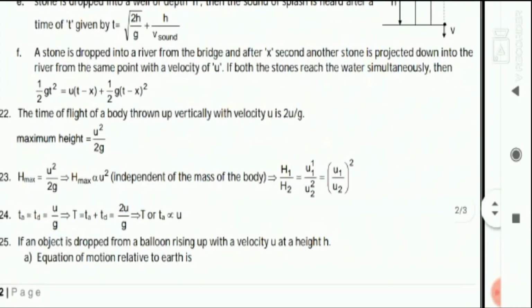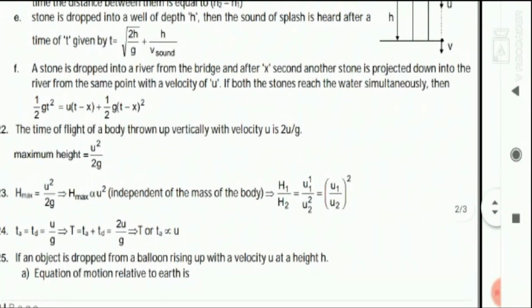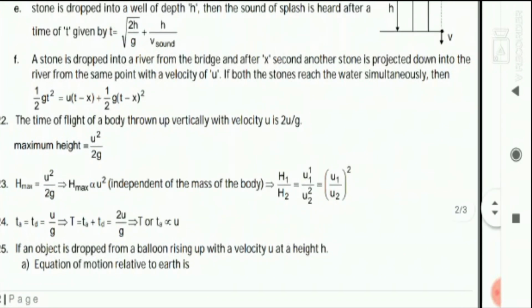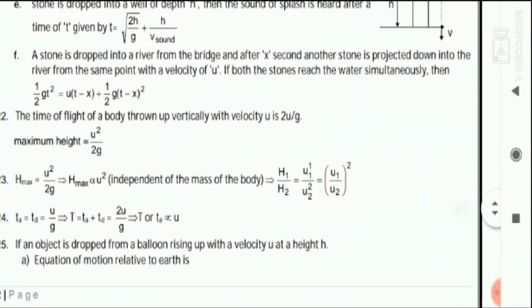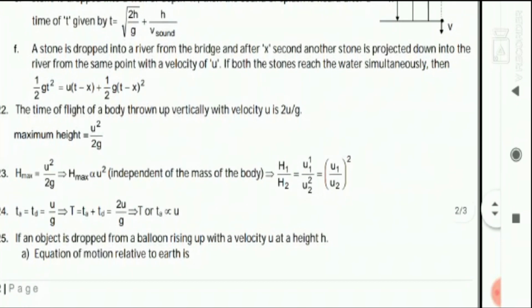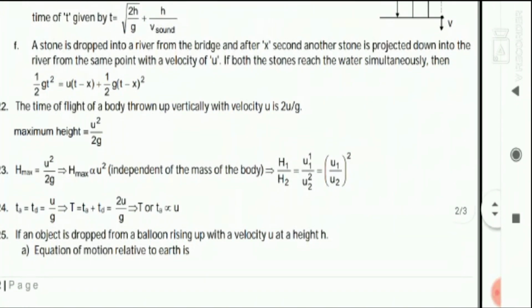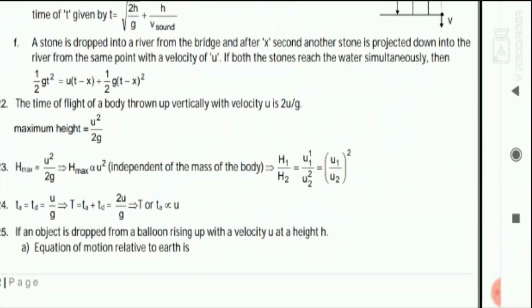Then another important formula: a stone is dropped into a river from a bridge, and after x seconds another stone is projected down into the river from the same point with a velocity u. If both the stones reach the water simultaneously, then the first one is a freely falling body, so half g t square only is the direct distance travelled by that one.